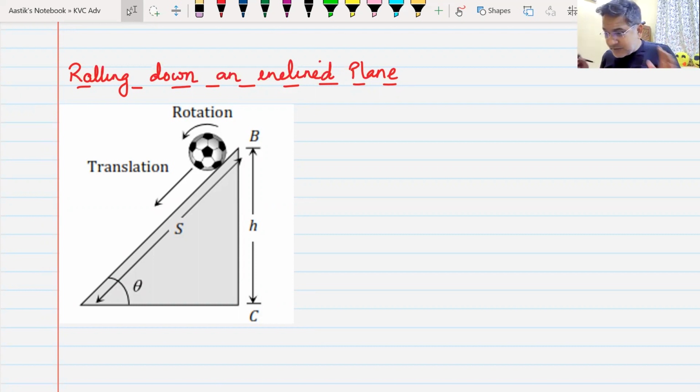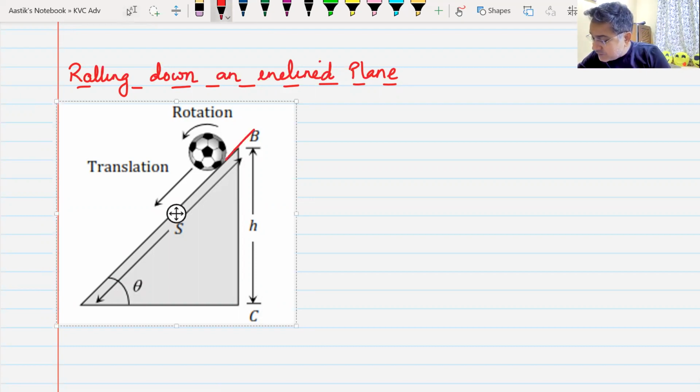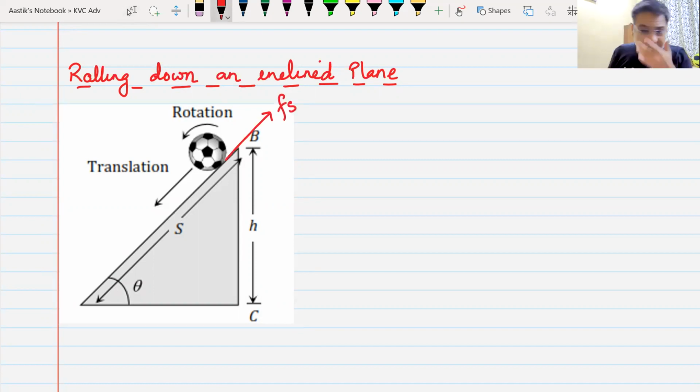This will be the scenario given. Height h might be given to you, or the length s, or angle theta. Remember, in all of these cases, whatever be the type of body, the friction would be static in nature, and it will be applied in the backward direction.